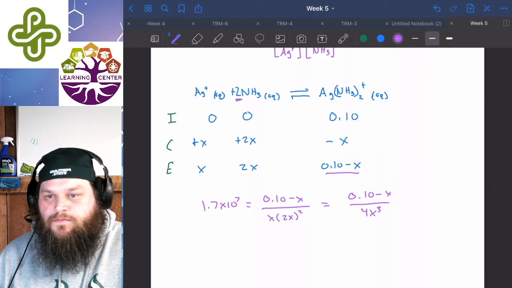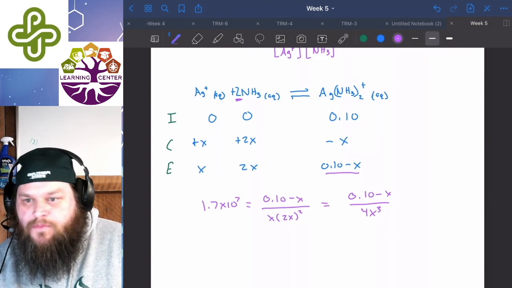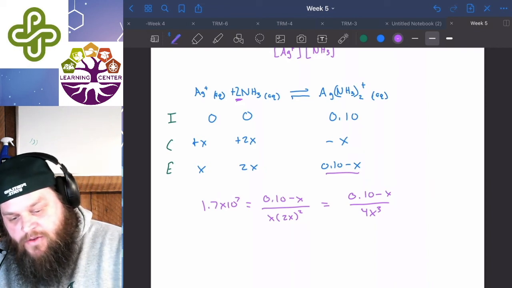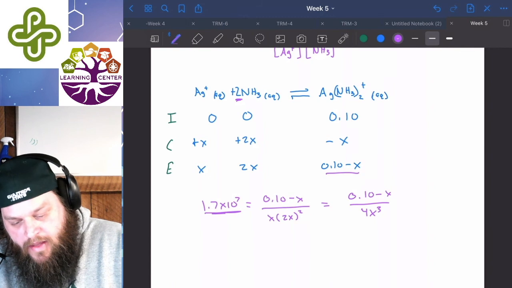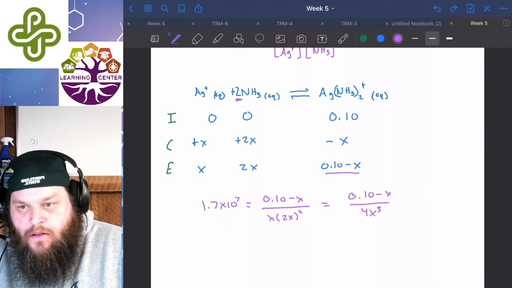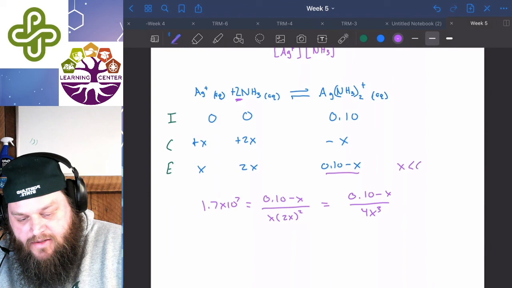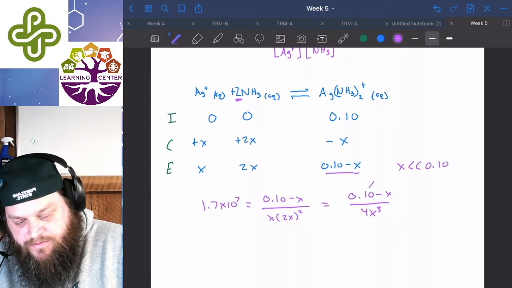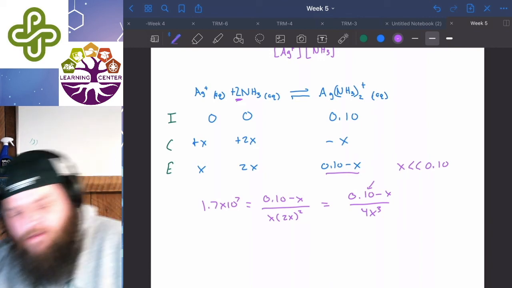Now we just need to solve for x. We can assume, since this is very big and in relationship this is going to be very small, that x value of concentration, we can assume then that x is much less than 0.10, this value here, which simplifies our equation.